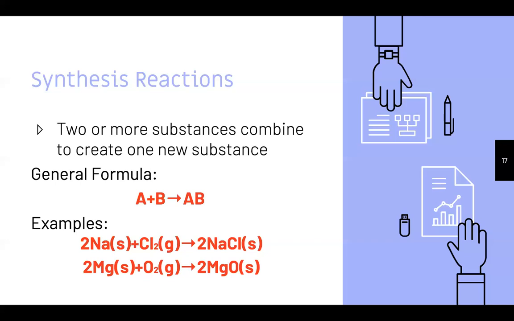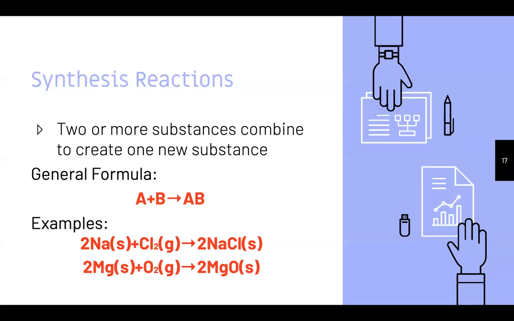And there are those coefficients out front to balance the equation, right? We need the same amount of Na on both sides. We need the same amount of Cl2 on both sides. And just to understand why there's no subscripts on the right hand side for the NaCl or the MgO is because the Na and Mg both have a charge of 2.